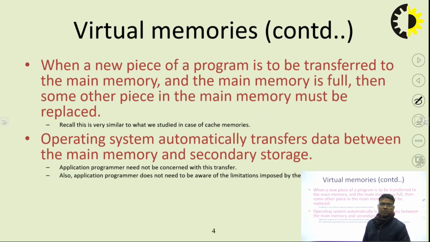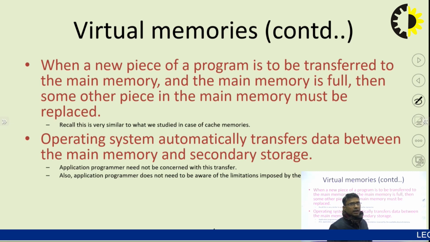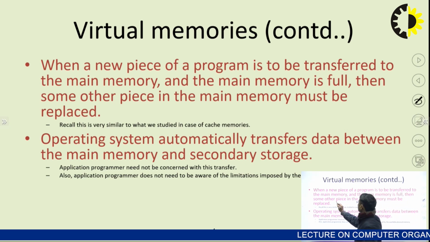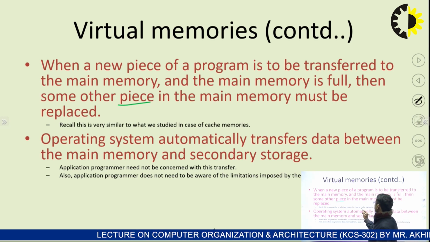When a new piece of a program is transferred to the main memory and the memory is full, what will we do? We will move some piece in the main memory back to the storage. This is similar to what we studied in cache memory.